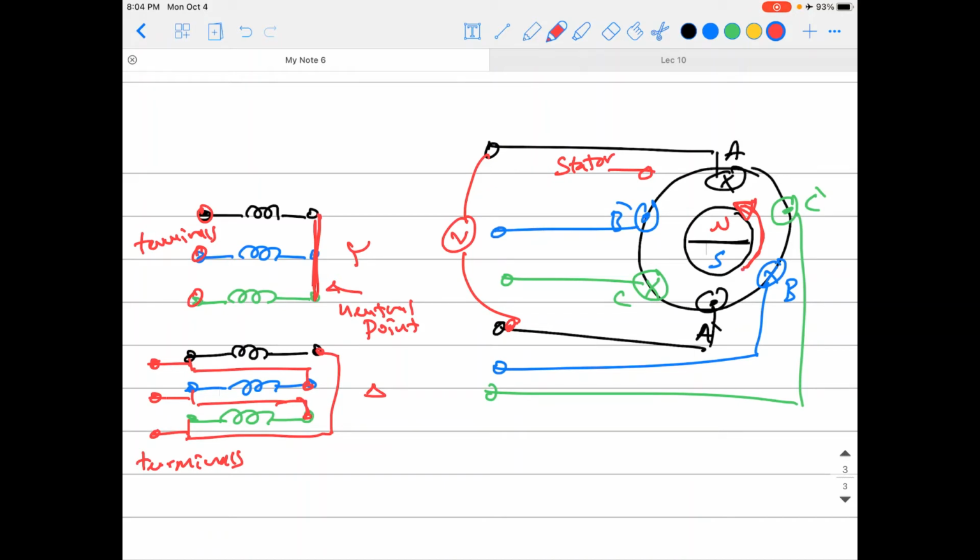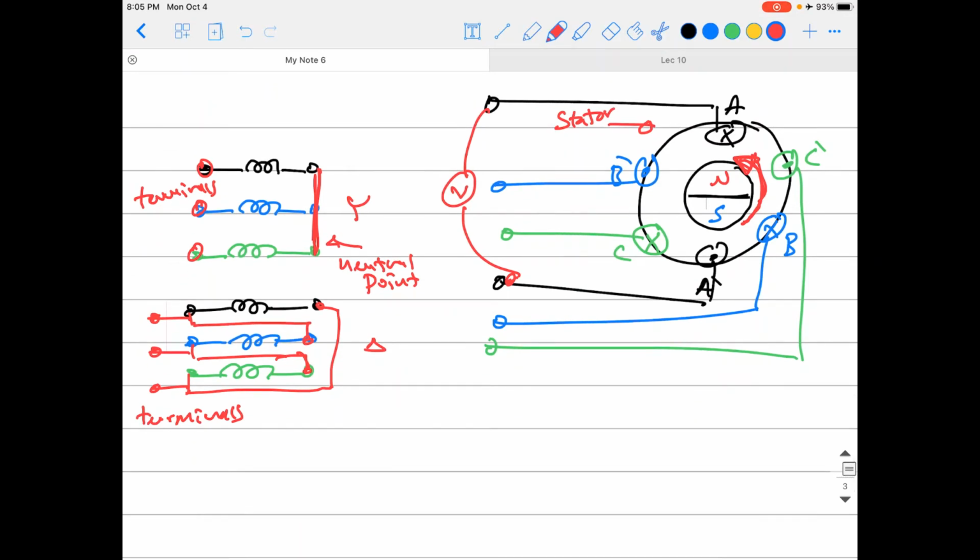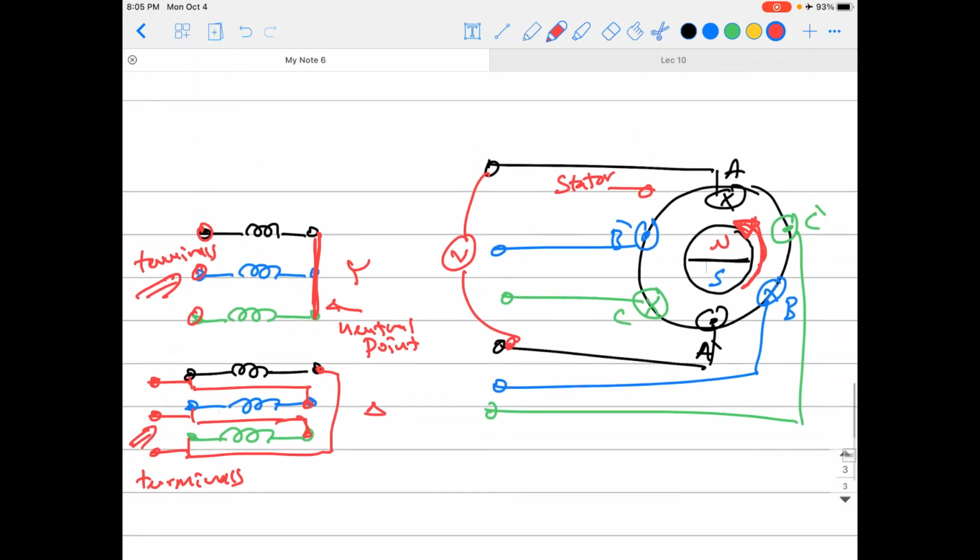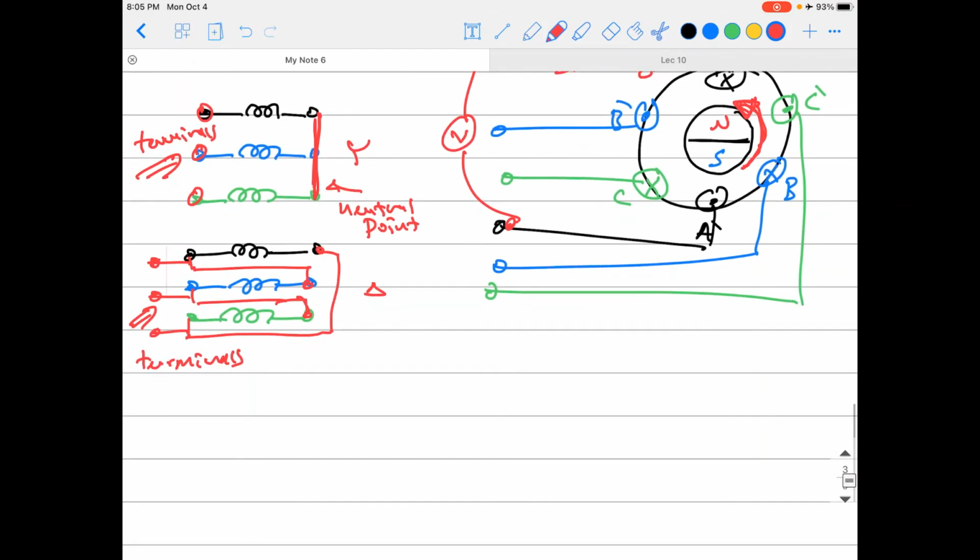Then I will not apply mechanical rotation to the rotor. We need this to be the result. So rather, we just apply three-phase voltage to the stator terminals, whether you're connecting it Y or delta. So you apply voltage from outside.